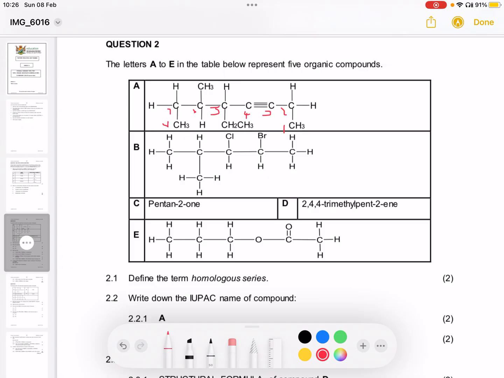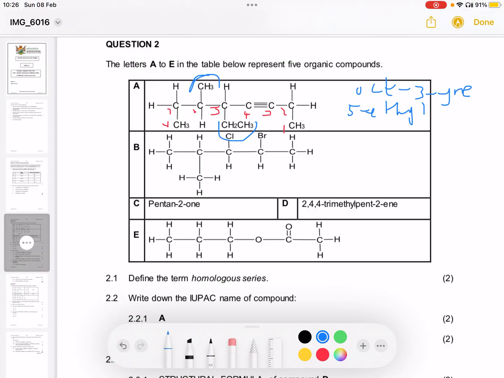Now, our substituents will be this and this. So let's get to the naming part. We have the following. We have that this is an oct-3-ene, and we also have ethyl as a substituent in carbon number 5.